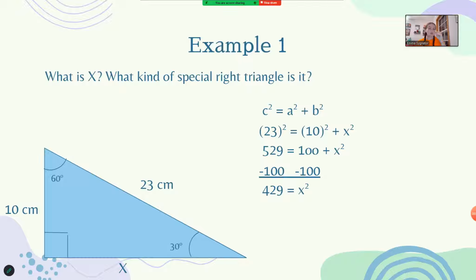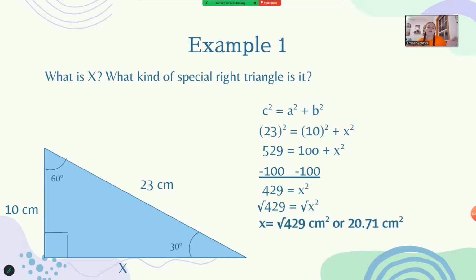Now what we do is we find the square root of each side. The 2 above the x cancels out, and the square root of 429 cannot be simplified into a simpler, smaller square root, I call them smaller roots, but it cannot be simplified.